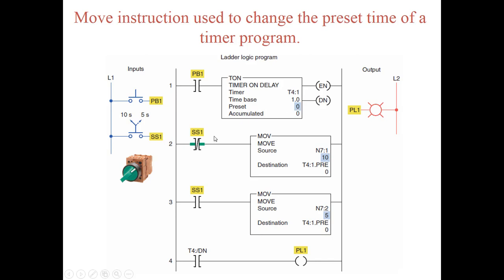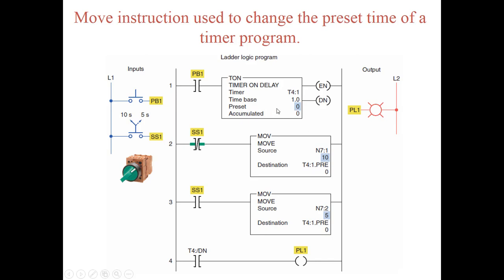So we have a selector switch, and it's either going to be true or false, because it's going to select one or the other, and we've used it once. So if for some reason it's selected one way and rung 2 is true, well then this will move 10. Looks like we're pulling it out of N7:1. We don't need to necessarily pull it out of N7. We could have actually just put 10 in there, by the way. And it moves 10 into the T4:1 preset, which is right here.